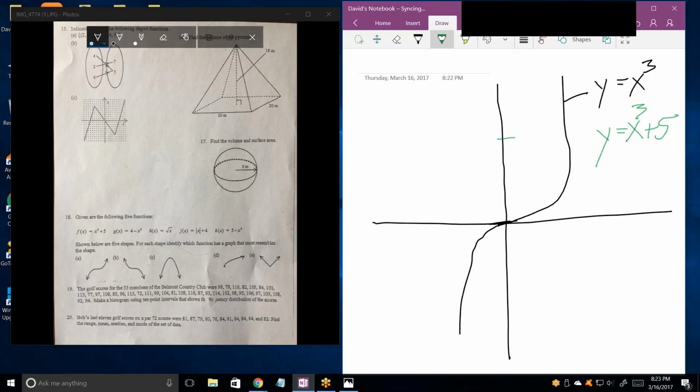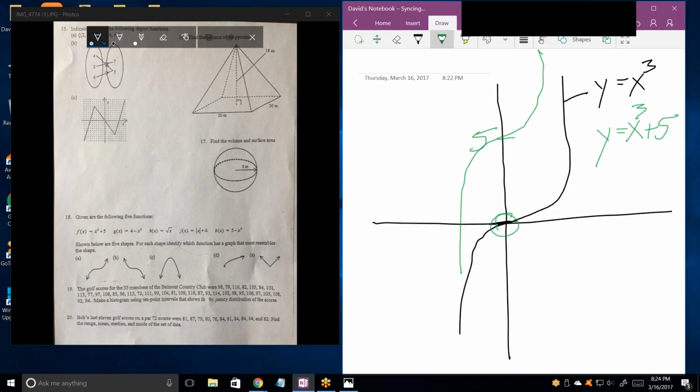So that point that is at the origin right now is going to come here. So the curve is going to look like this. Same shape as my black curve, exactly. I have not changed the shape of it, but the whole thing is moved up by 5 units.